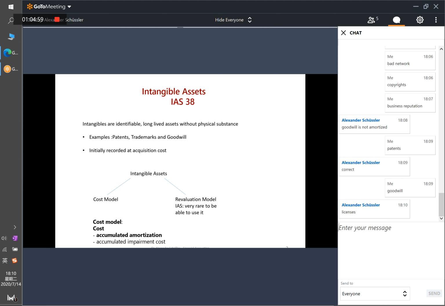For which sector or company are intangibles especially important? Think about patents.